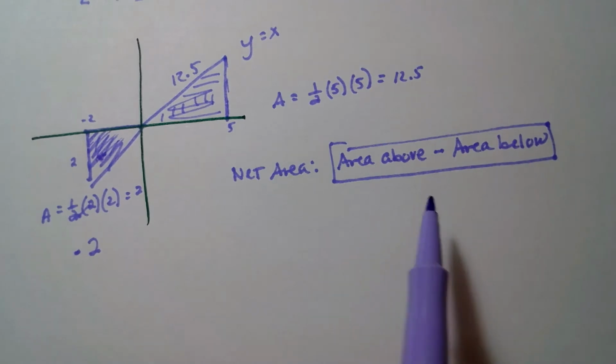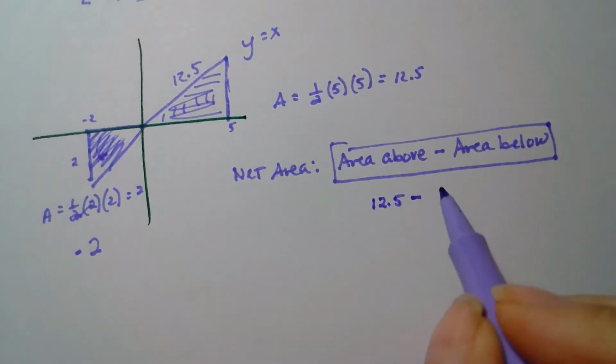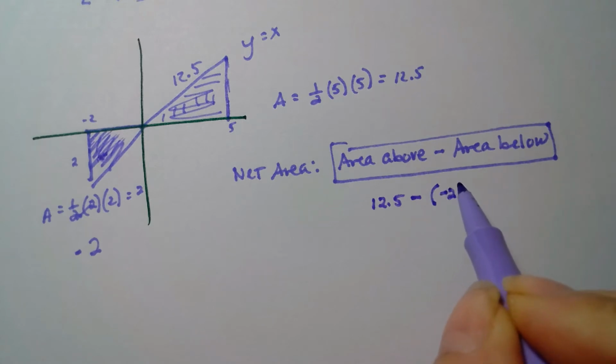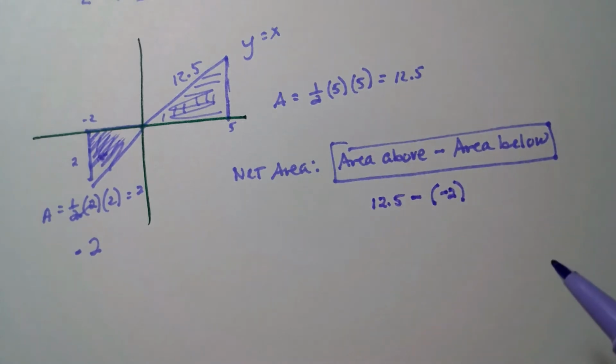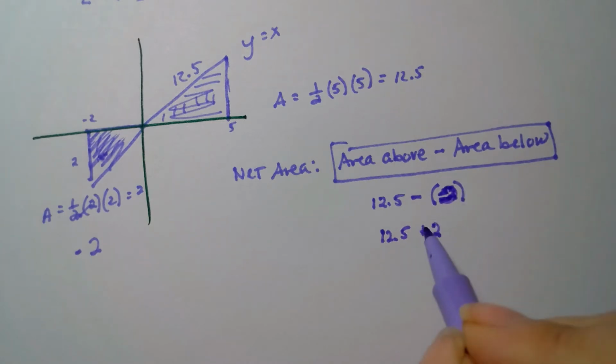If this is the formula, the area above was 12.5 and the area below was -2. Remember, it's not negative, it's just because it's below. We get 12.5 plus 2. I'm sorry, my bad, minus -2. Sorry, minus.